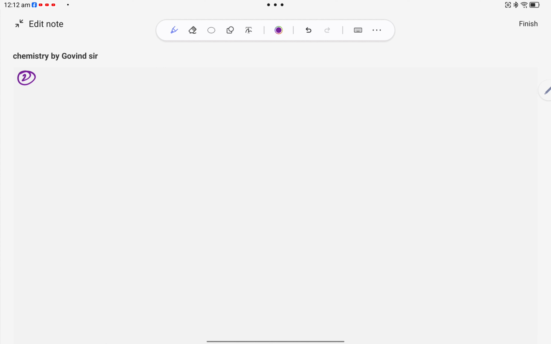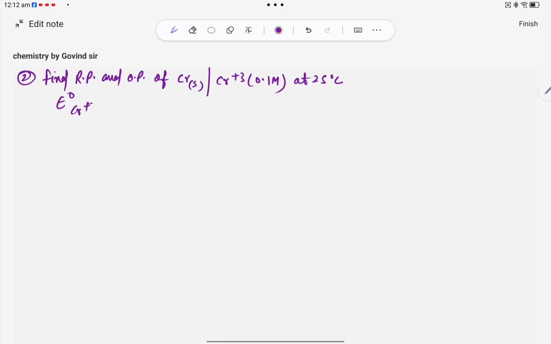Again find reduction potential and oxidation potential of chromium solid to chromium plus 3, concentration 0.1 molar at 25 degrees Celsius, and E naught is given minus 0.75 volt.